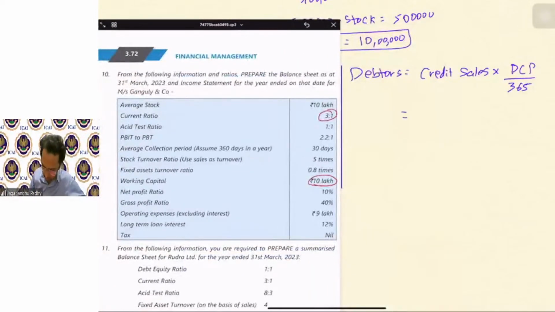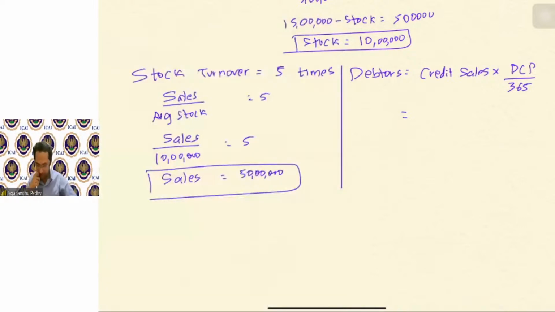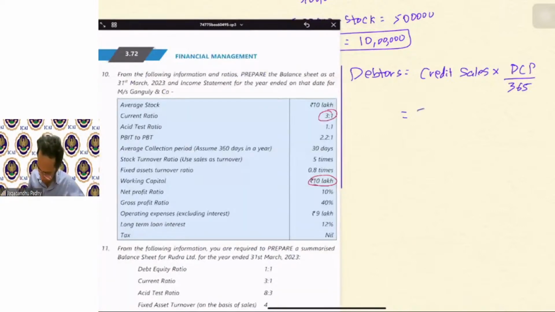Credit sales will be, we'll say that all sales are on credit basis. That will be the valid assumption that we can make. Sales is 50 lakh into debtors collection period of 30 upon 360.